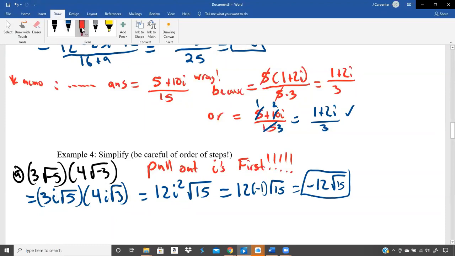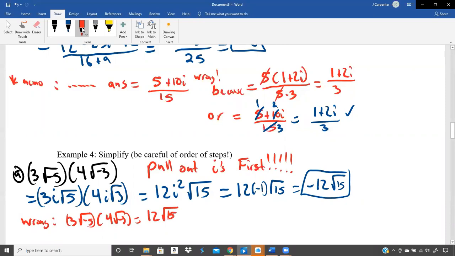I will show you the wrong way, and then I'm going to erase it because I know I have time. So if I hadn't pulled out the i's first, if I had the 3 square root of negative 5 times the 4 square root of negative 3, multiply the outsides, 3 times 4 is 12. Multiply the insides. Negative 5 times negative 3 is actually positive 15.